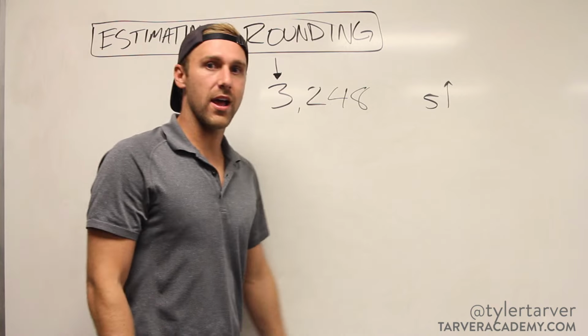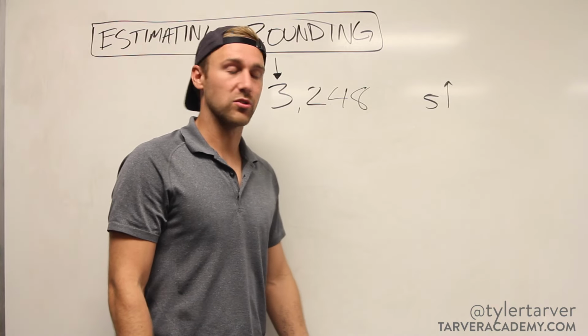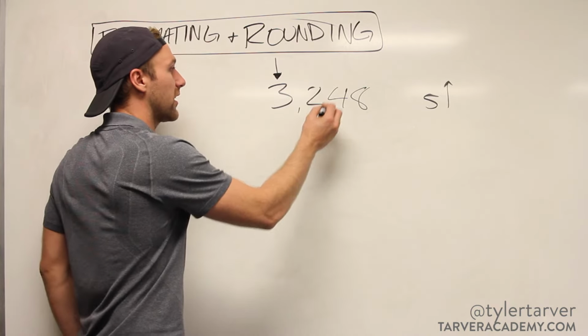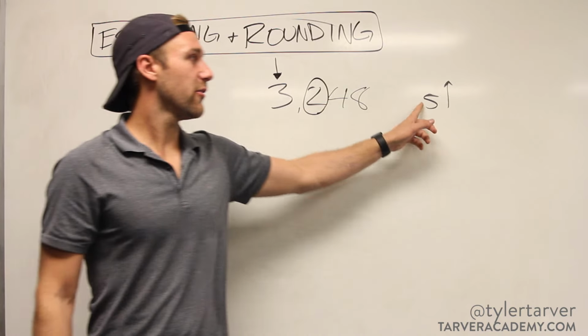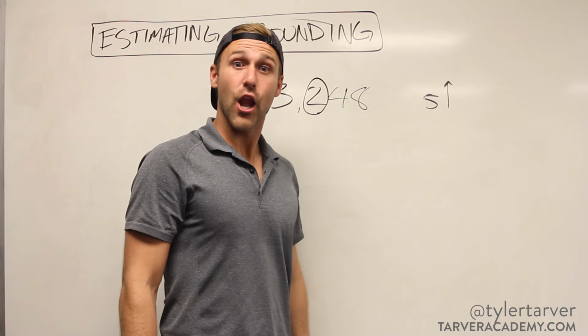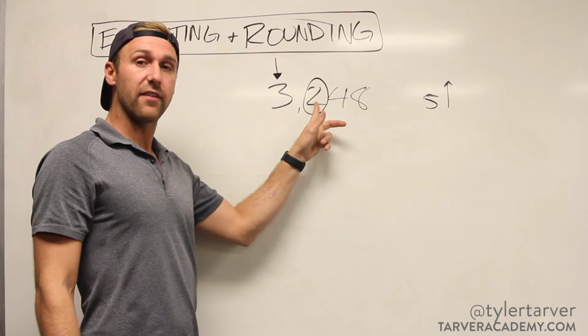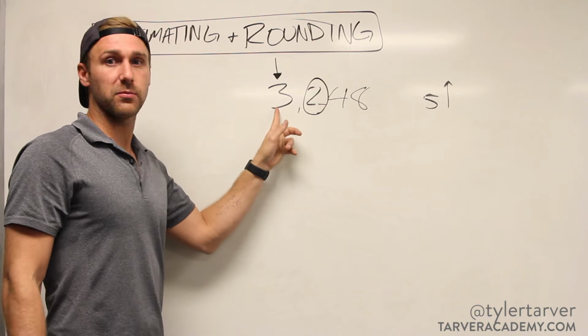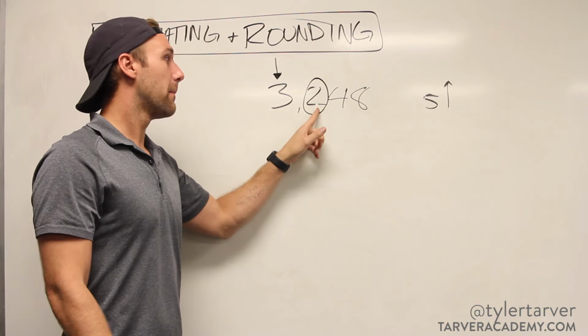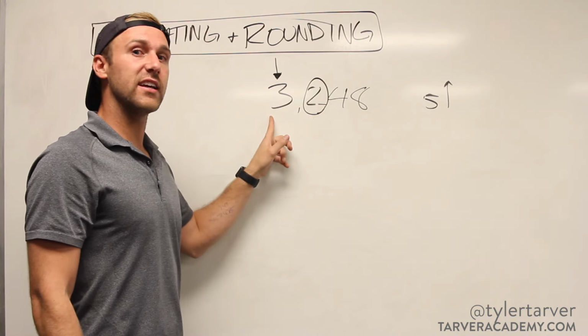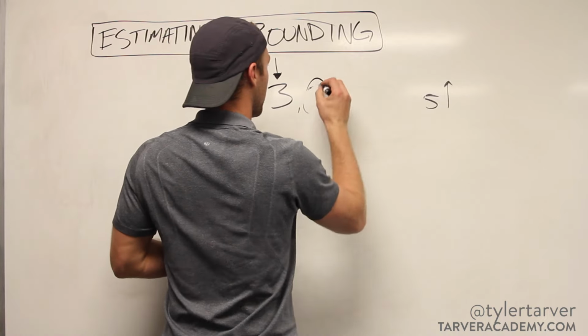Do we care about 4 and 8? No, we don't. We only care about what is directly behind it. Is that 2 5 or greater? No, it's not. If this was 5 or 6 or 7 or 8 or 9, we would round that up to 4 and make it 4,000. But it's not. So we leave it as it is and 0 behind it.